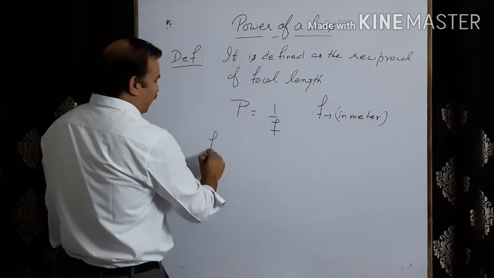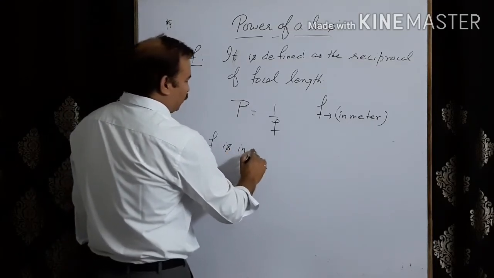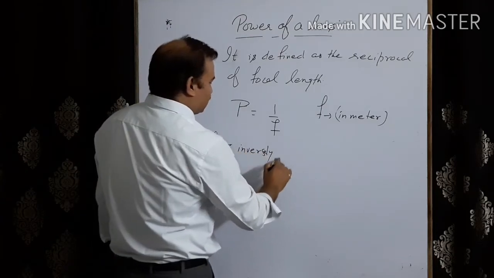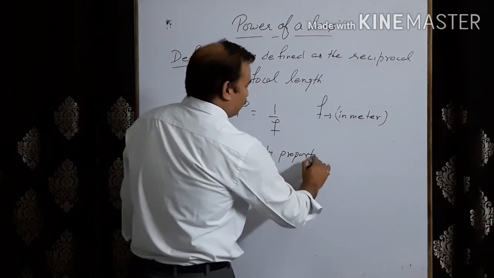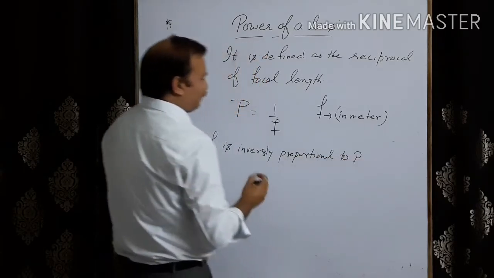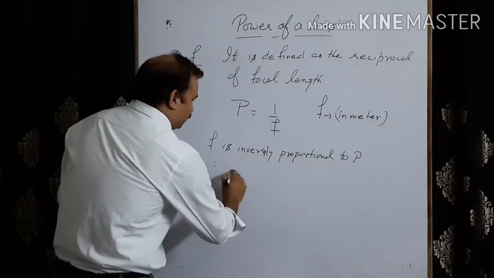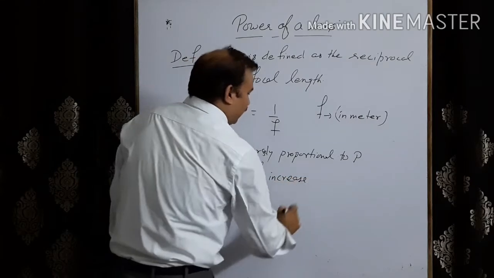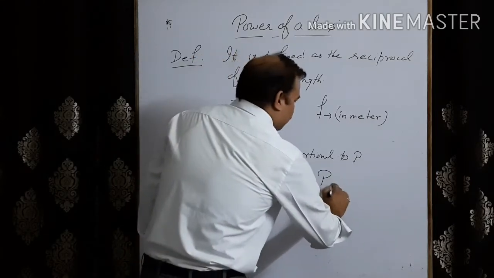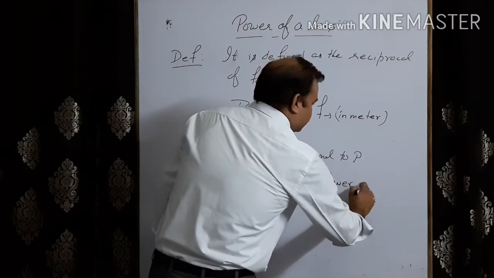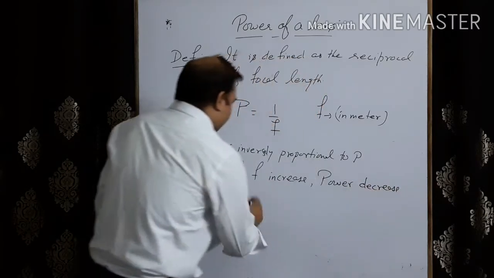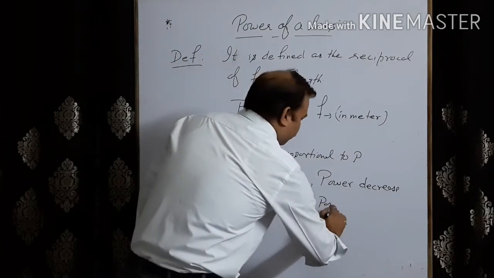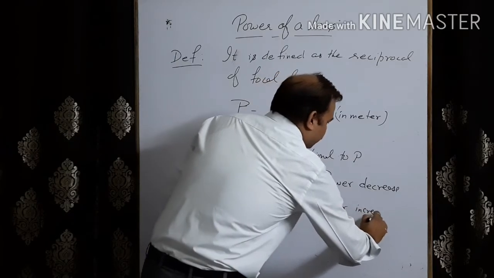Now, as focal length F is inversely proportional to P, that is power, therefore if F increases, power decreases, whereas if F decreases, then power increases.